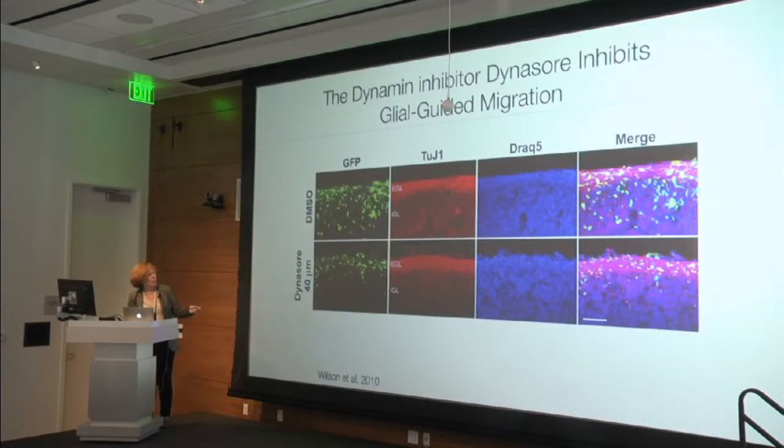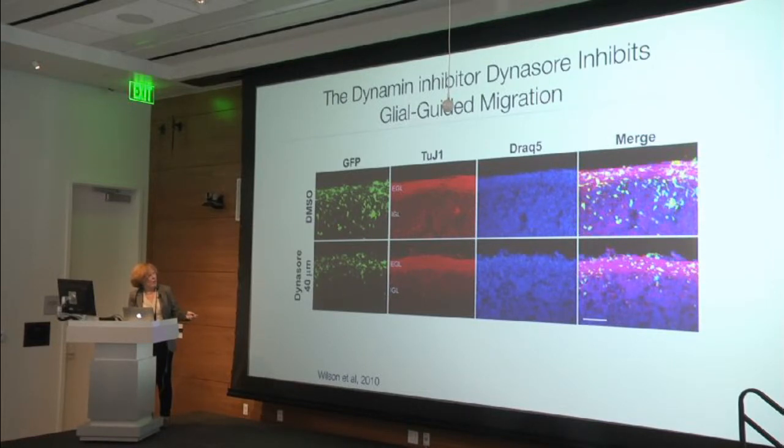And when we did this, we could show that a small molecule inhibitor of endocytosis called dynasore, we did not name it that, inhibits the movement of the cells from the outside to the inside, as you can see here, and it's reversible within 10 minutes.